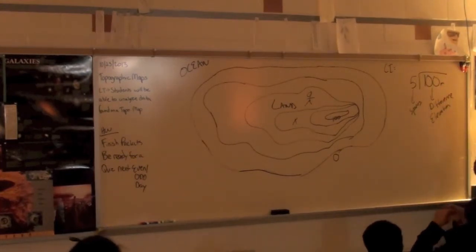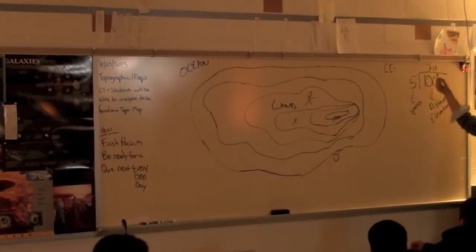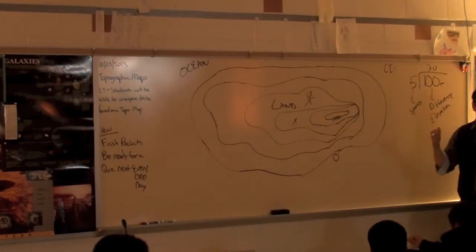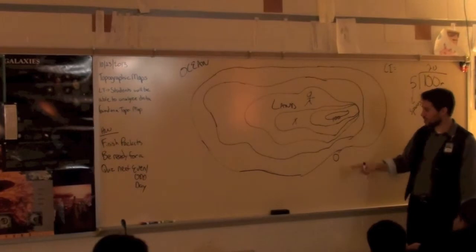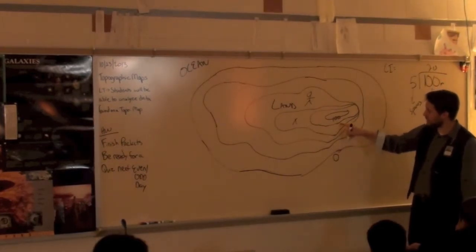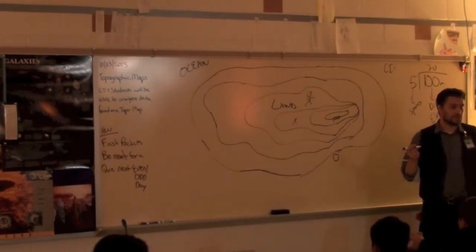What's the math say? 20. 100 divided by 5 is 20. So the contour interval has to be 20. And then you do some quick math and check it. If the contour interval is 20, then this should work going 0, 20, 40, 60, 80, 100. It works. And you could do this with all kinds of numbers.